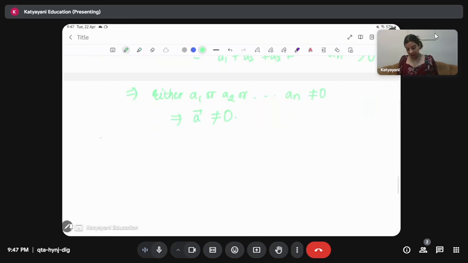So this is one way. Now the second is if A is not equal to 0. That means if the vector A is not equal to 0, then it implies that the dot product, A1 square plus A2 square plus A3 square and so on plus An square, is not equal to 0, right?